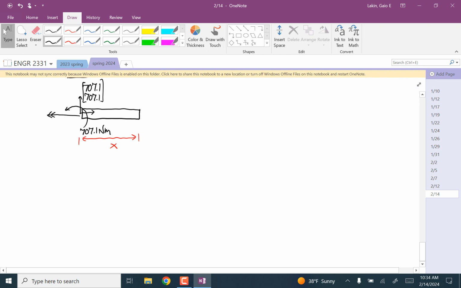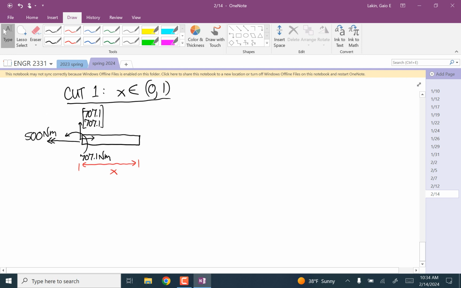And then an x component of a couple with a magnitude of 500. And then at the other end, we have the internal loads, T, V, M, fancy T.